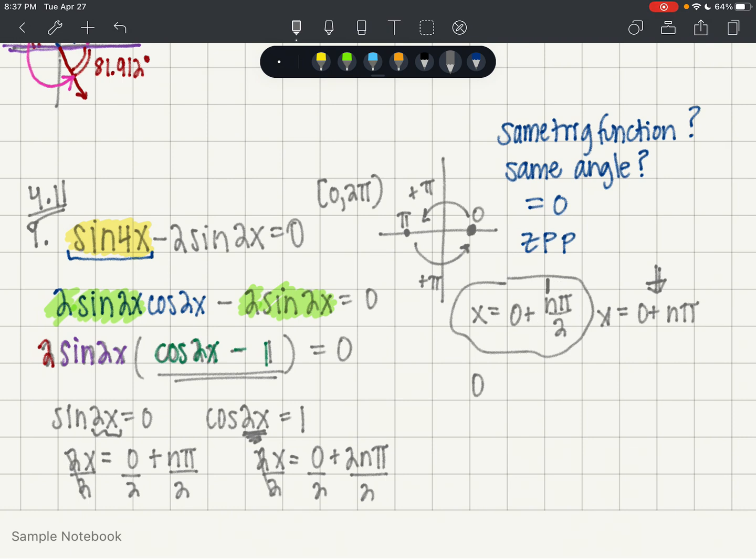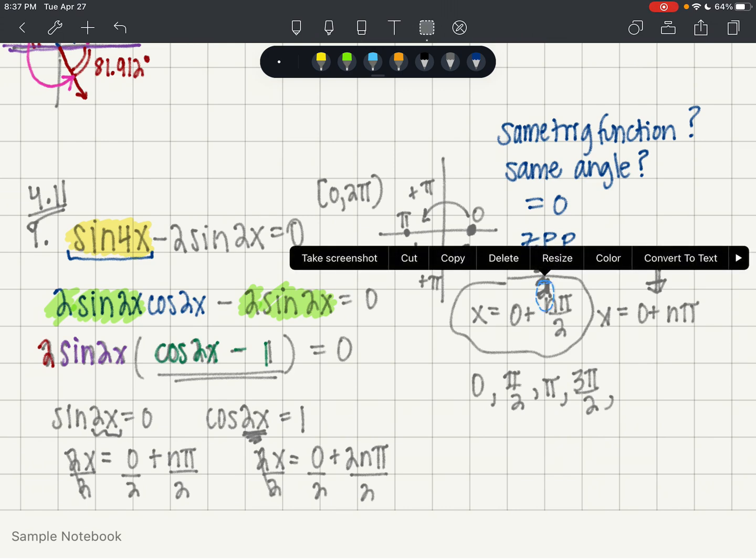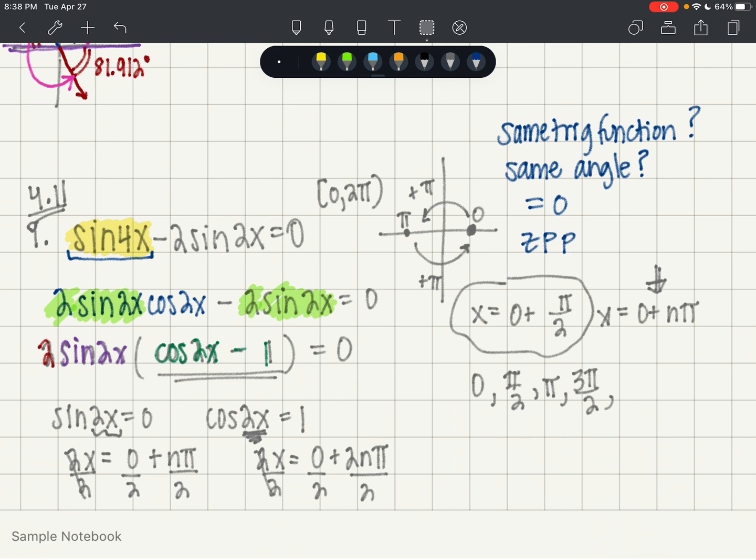If I put a 1 in for n, I'm going to have 0 plus 1 pi over 2. If I put a 2 in for n, I'm going to have 2 pi over 2, which is just pi. If I put 3 in for n, I get 0 plus 3 pi over 2. And if I put 4 in, I'm going to get 4 pi over 2, which is just 2 pi, and outside of our interval here.